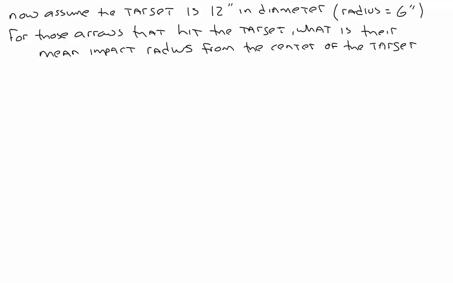So this is the question we want to answer. For those arrows that actually hit the target, what's their mean impact radius from the center of the target? Okay, this will be a conditional mean.